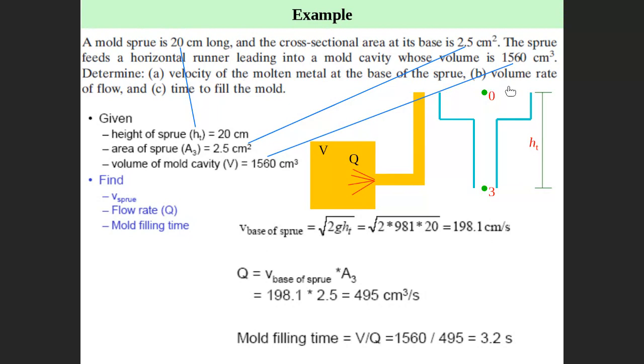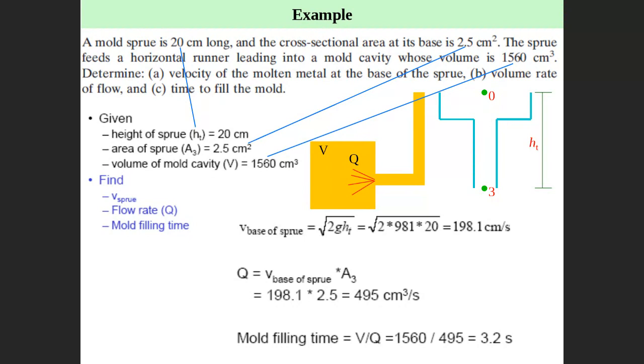Second question, what is the volume flow rate? We need to know Q. Q equals V multiplied by A. Any V and any A, could be V1, A1, could be at any level, because it is constant.